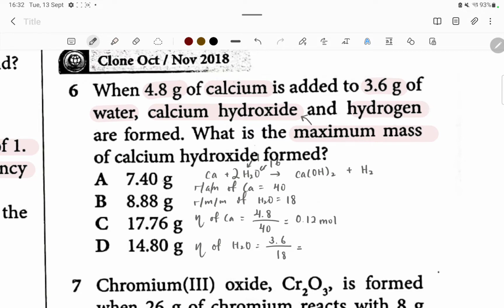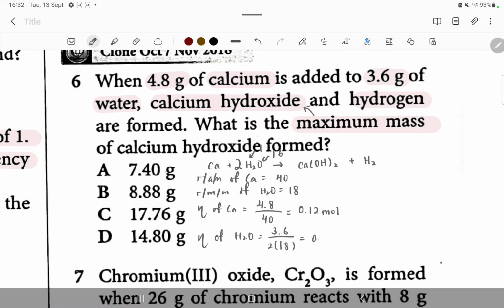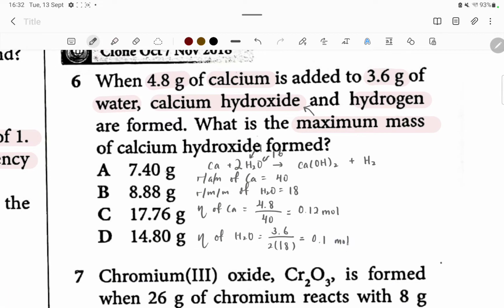This one you get, and then because there's 2 moles, you times 2. So this one you should get 0.1 mole. And then because 1 mole, 2 mole, by right if the calcium is 0.12 as here, number of moles of water should be 0.24. So we know that calcium is in excess.